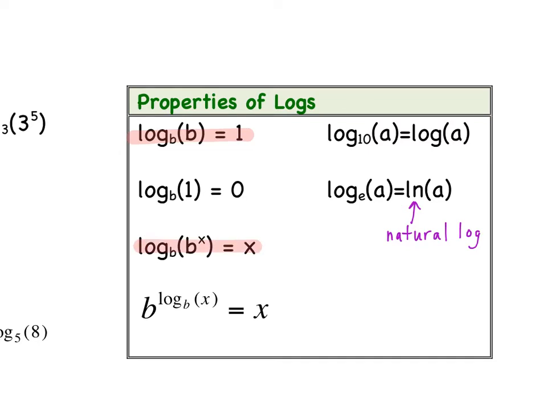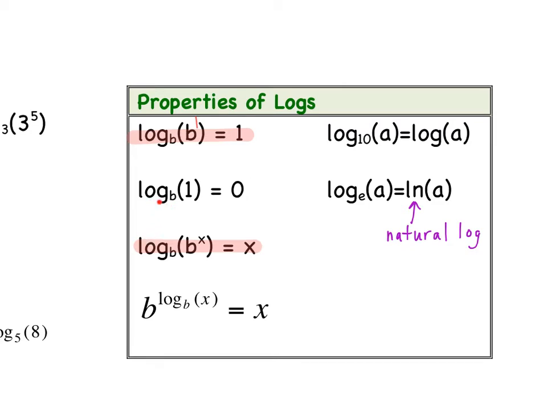If you take a look, our power in this one is simply 1. So it's log base b of b to the first equals 1, whereas down here, log base b of b to the x equals x. So when the base of your log is the same as the base of your argument, it simplifies to the power of your argument.